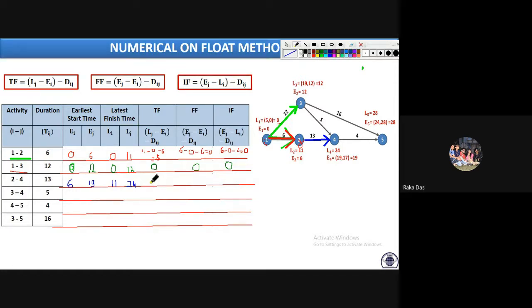Now this one, this is 19, okay? So 19 minus 6 minus 13, 0. Then EJ is 19 minus 11 minus 13.